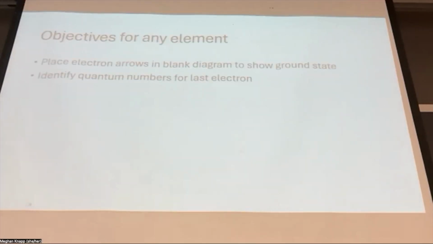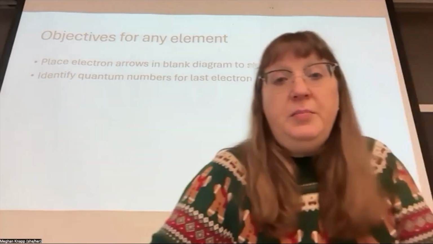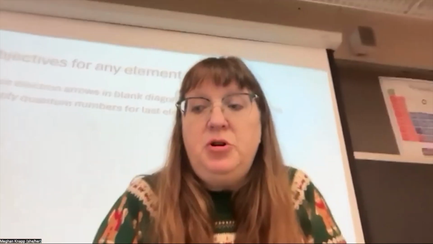Okay. So what I want you to be able to do with all of this are these things. With a blank diagram, you should be able to put the arrows in. So you're going to have to figure out how many arrows. That's going to be based on the element. And then you're going to have to show them in their ground state.